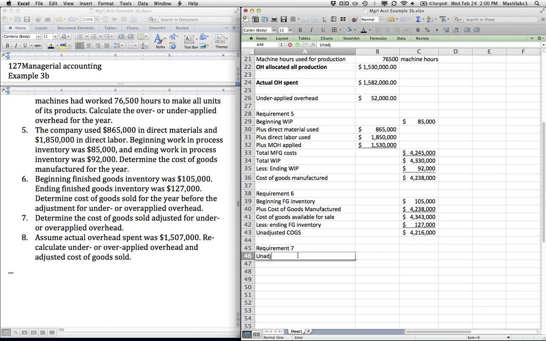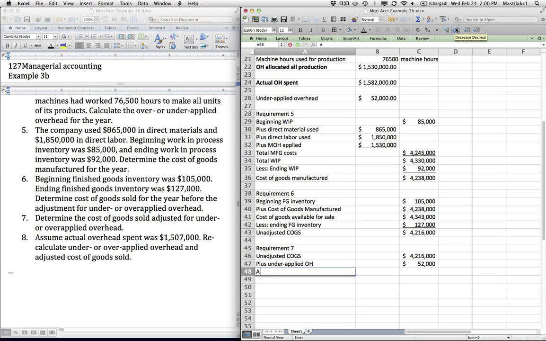So we're going to take our unadjusted cost of goods sold of $4,216,000. Since we have too little cost, we've underapplied our overhead. We have to add cost back in. We're going to correct the error that we made of $52,000.